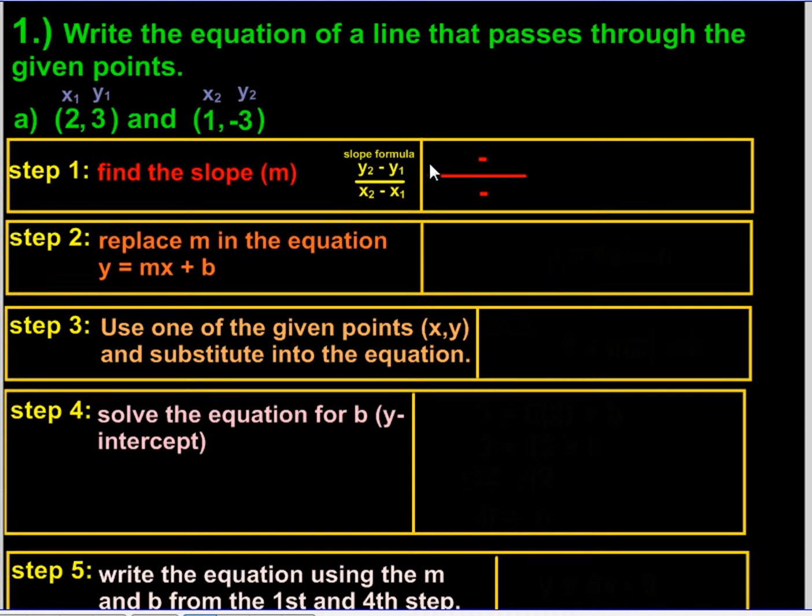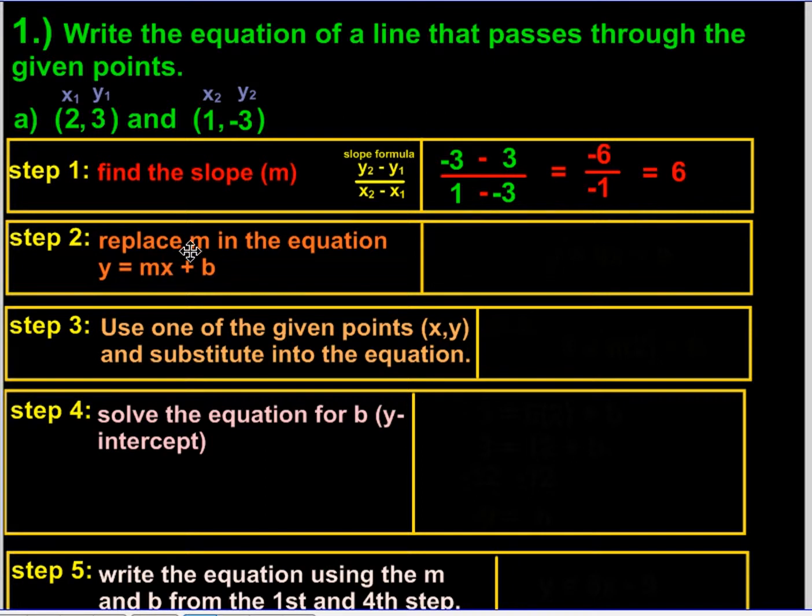So I'm going to insert those into here, and it's y2, so I'll put that there, minus y1, which I'll put right there, and x2, which I'll put right here, minus x1, which I'll put right here. And if I go ahead and solve that out, it equals -6 over -1, which equals 6.